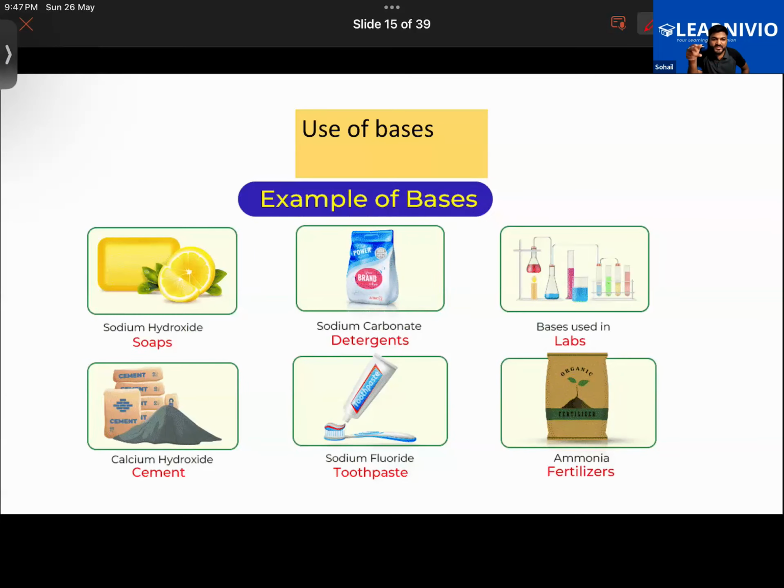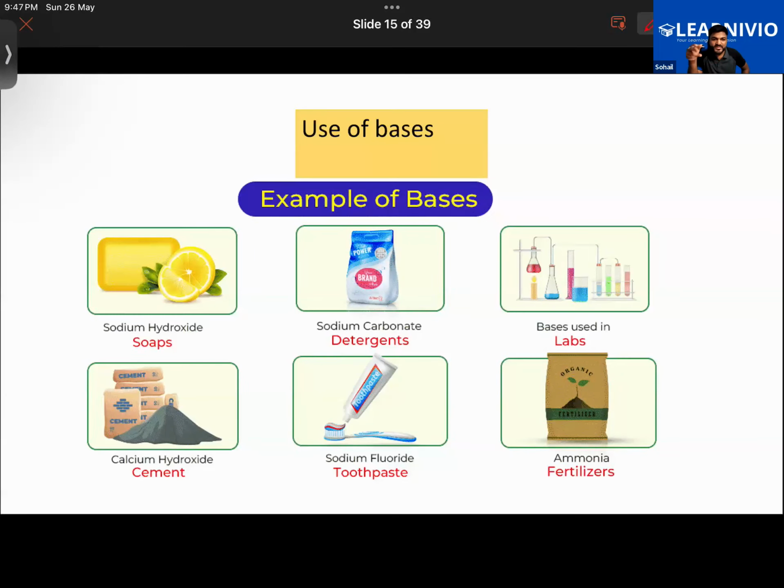The common uses of bases are as follows. Let us quickly summarize it. We discussed that basic substances are used in soap. It is used in making of detergent. Then calcium hydroxide, a strong base, is used in cement.